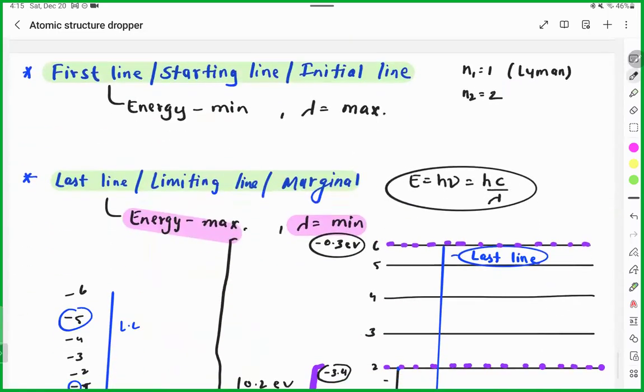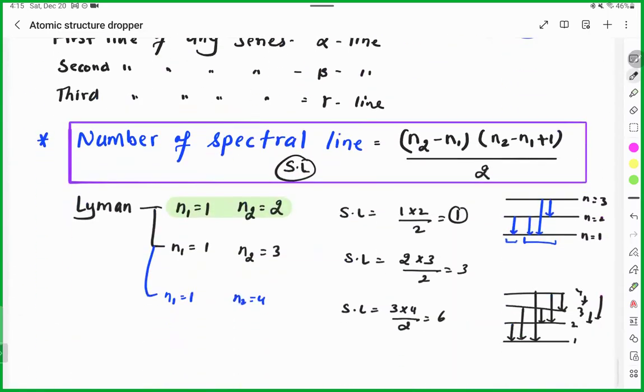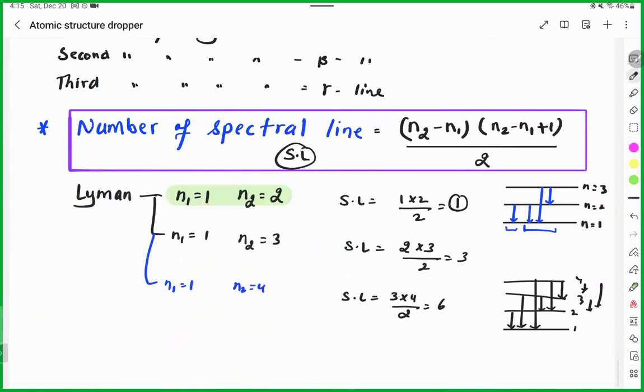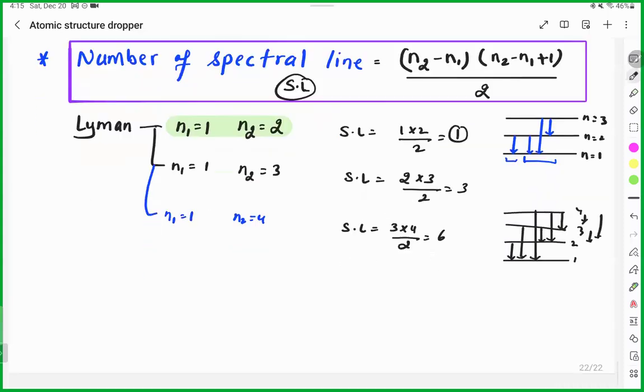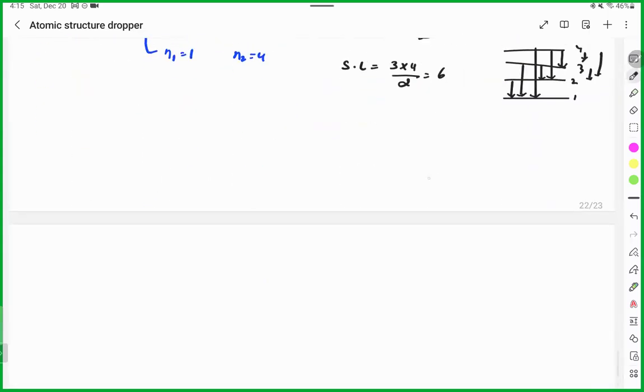See, this is the total number of lines. Are you asking about this, sir? What I said, if you take 4, 1, 2, 3, 4, you are saying every line should come to 1.